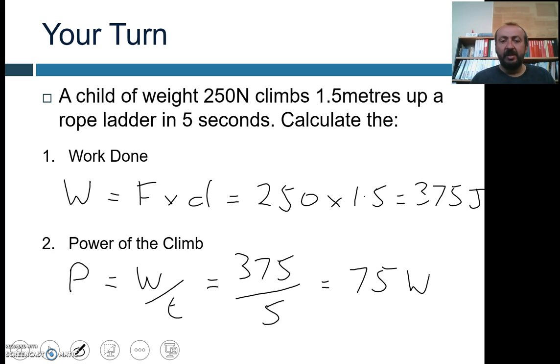So that means that this child has to exert, or needs to put out, 75 joules per second of energy to accomplish this task. Okay, we'll just leave it there for that one, and we'll come back and continue on with our talk here about energy and work.